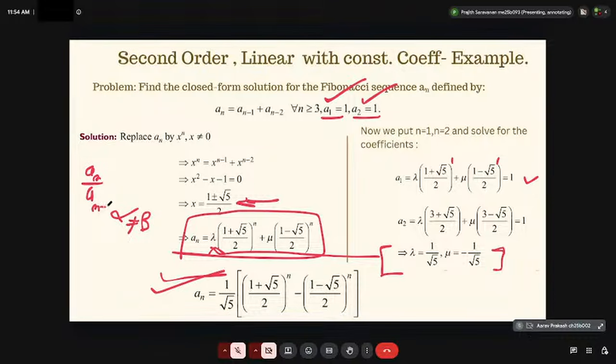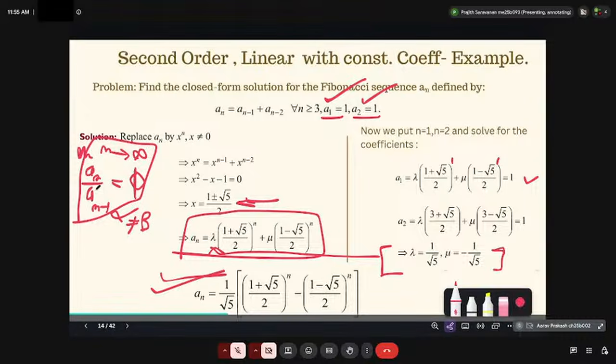If you compute this as n approaches infinity, you will get the golden ratio. This also comes from the solution of the recurrence. You can write it out yourself: plug in the nth term and the n minus 1th term, divide them, and take the limit as n approaches infinity, and you will get the golden ratio.